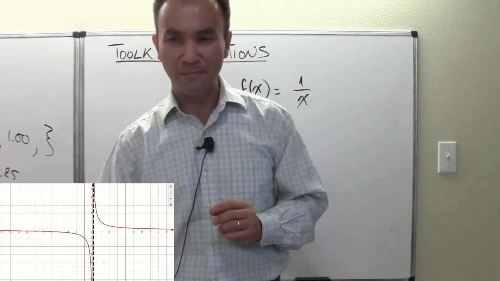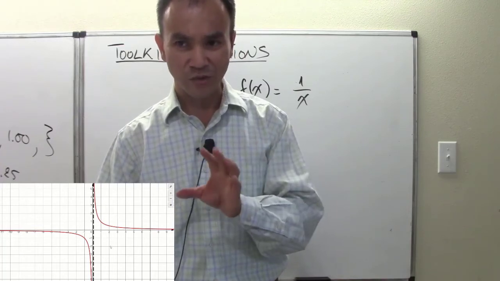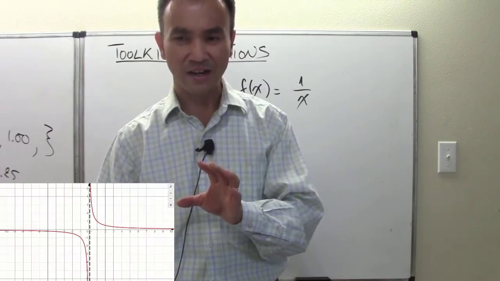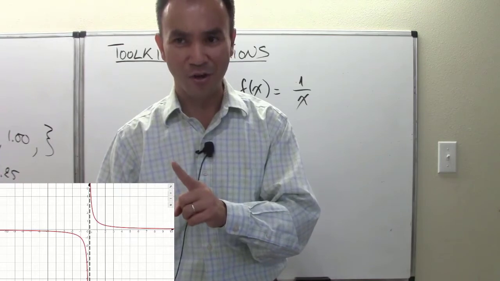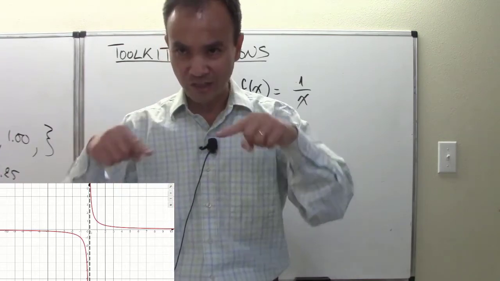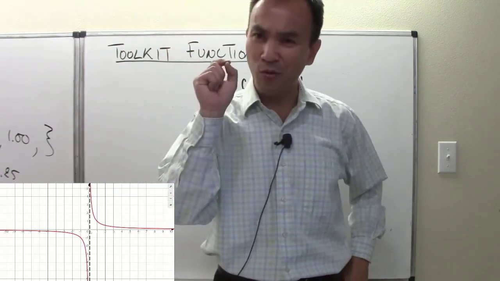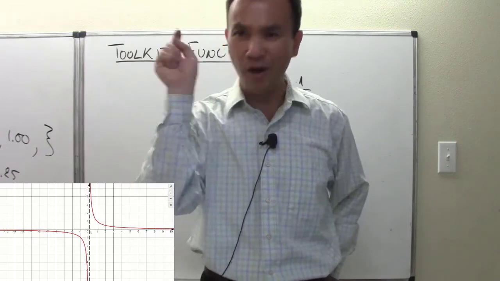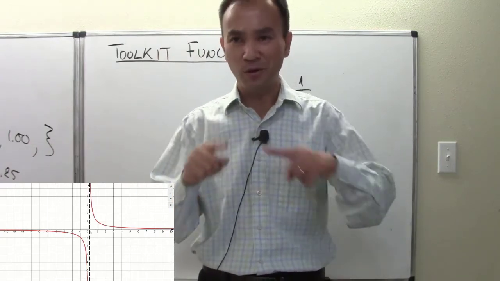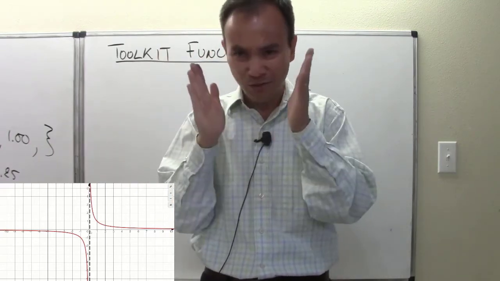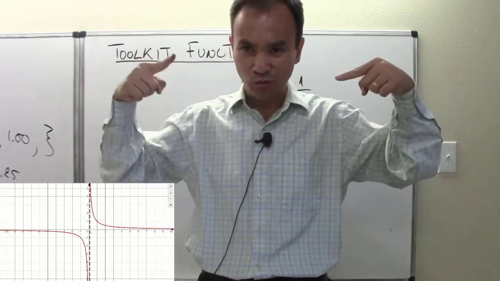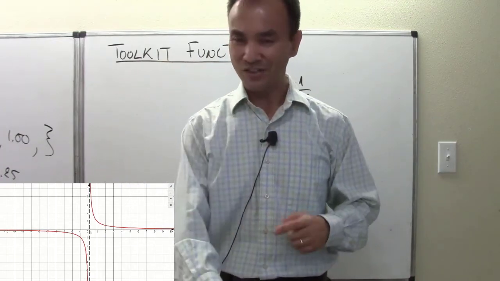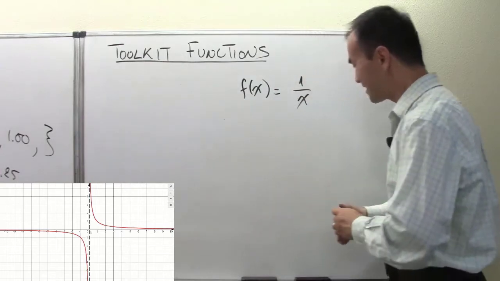But my point is that only right at x equals 0, we don't have a value, but anywhere else there's a crossing point. That's why we can't even put an empty point right here. We just have to leave that there. The graph just won't cross through. So in that way, now as far as the domain.